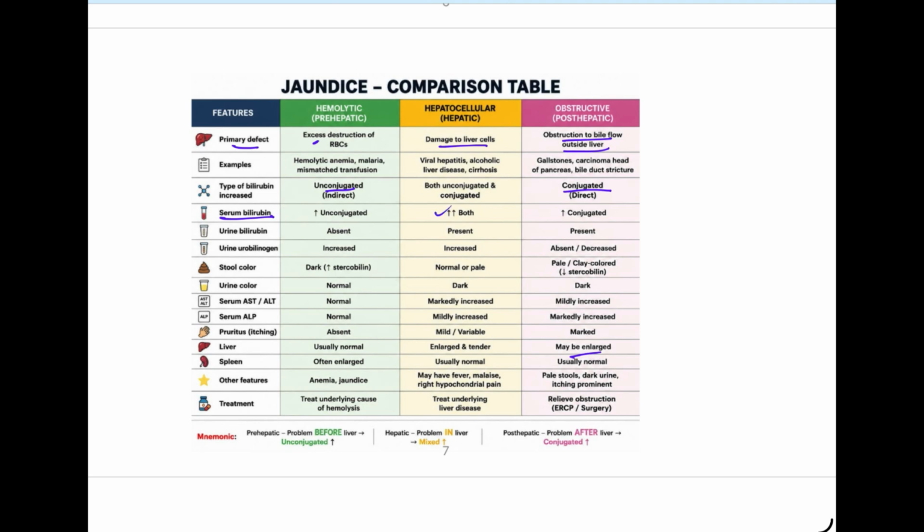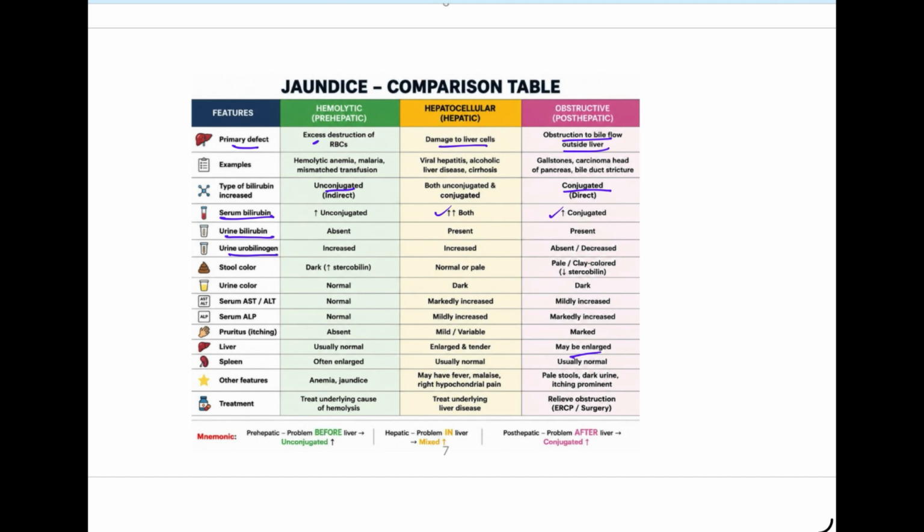Both types are seen in hepatocellular jaundice, whereas the conjugated type is seen in obstructive jaundice. Urine bilirubin: in hemolytic jaundice it is absent because bilirubin is not water soluble, hence it is not seen in the urine. It is present in both hepatocellular and obstructive jaundice.